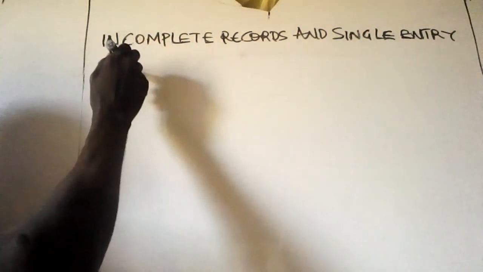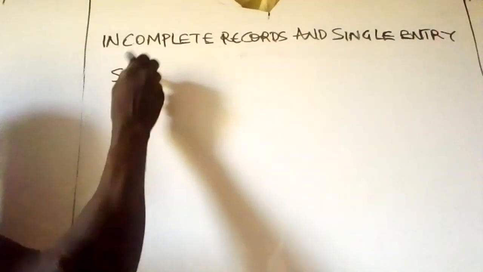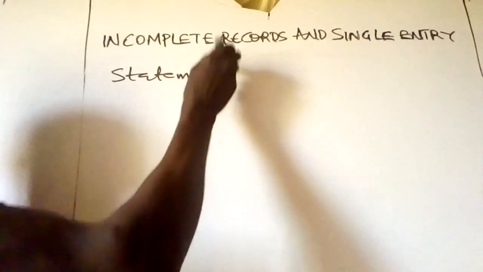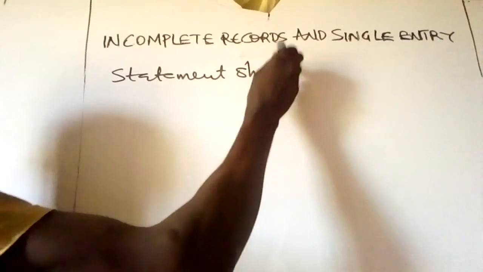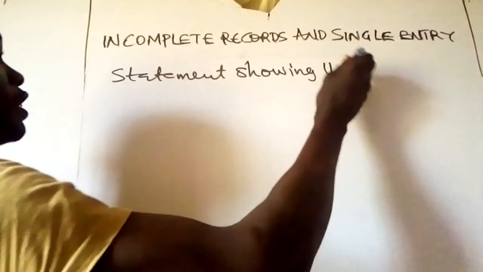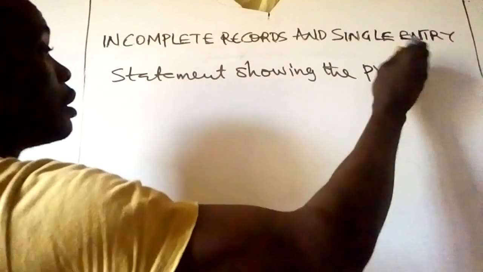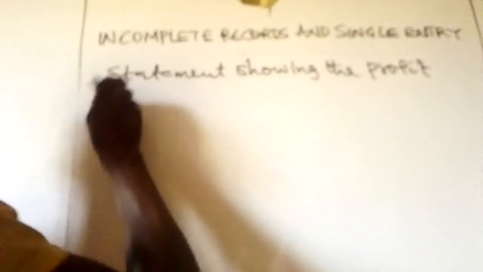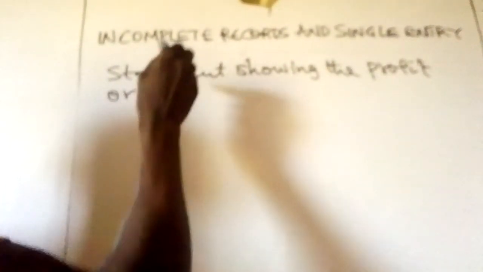Then we have the profit statement. Statement showing the profit or loss, the name of the entity.